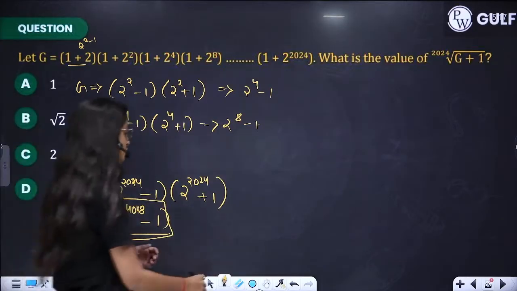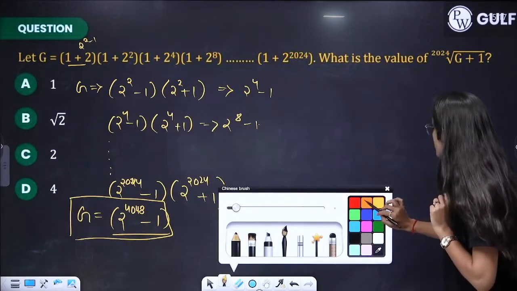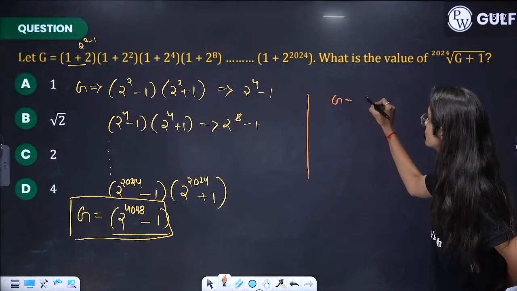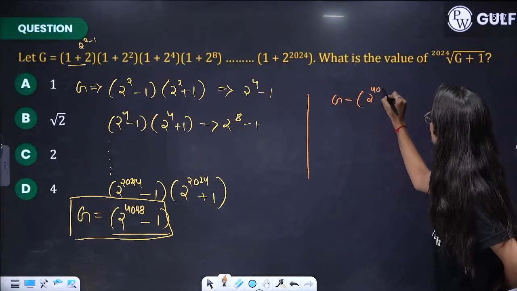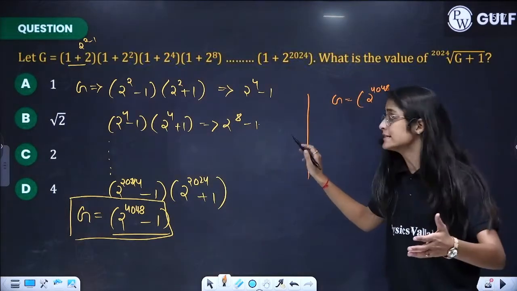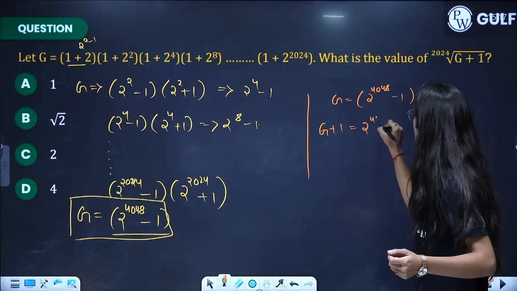Now solving it further, see what I'm getting over here is G is equal to 2 raised to 4048 minus 1. I'll transpose this one on the left hand side. That means I'm getting G plus 1 is equal to 2 raised to 4048.